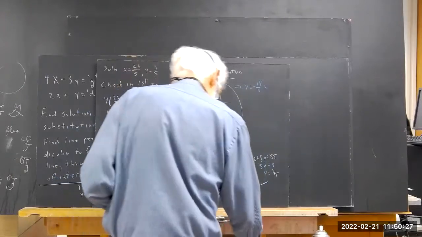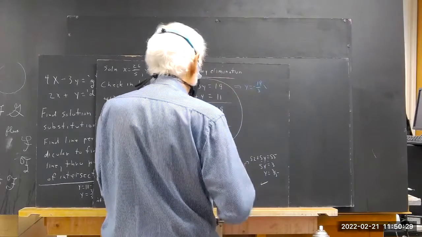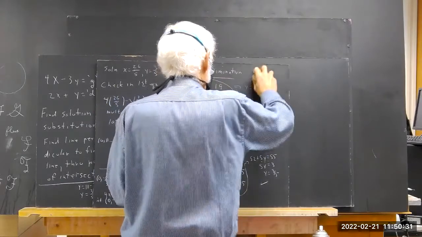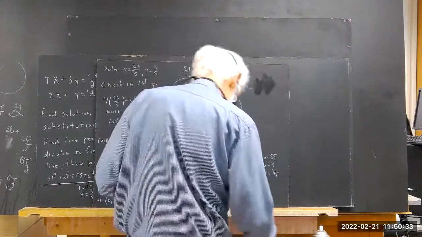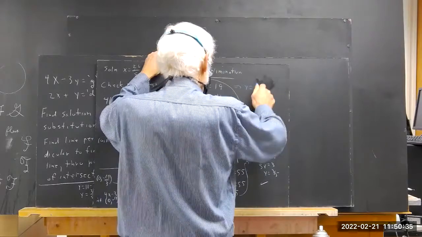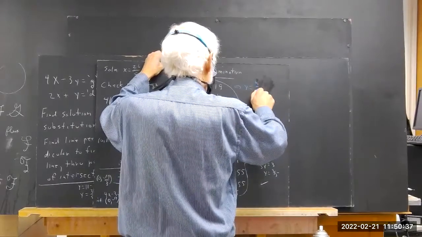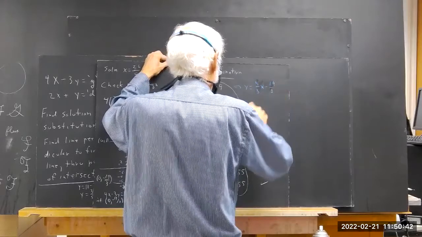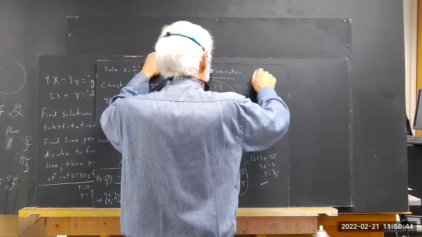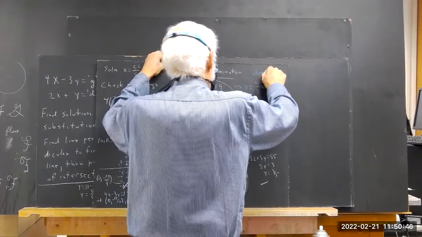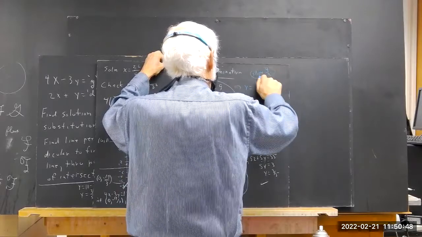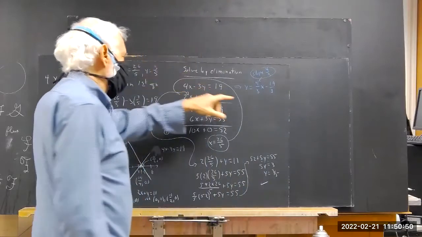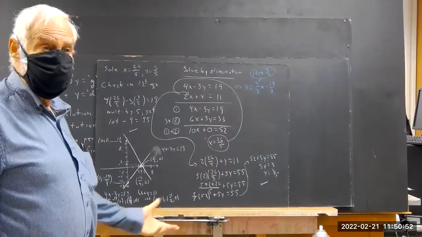I'm going to put it in y equals mx plus b form. Okay, so this line has a slope of 4/3.